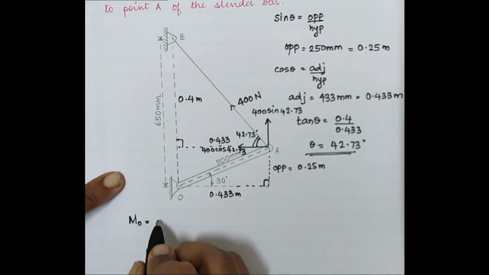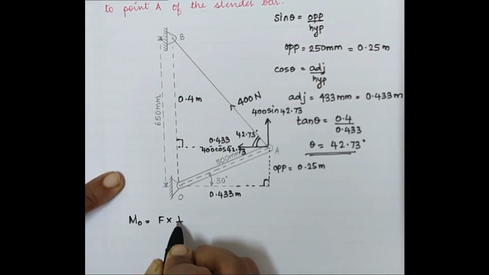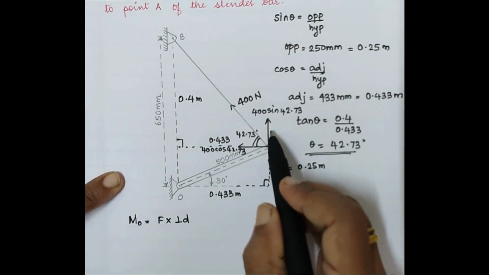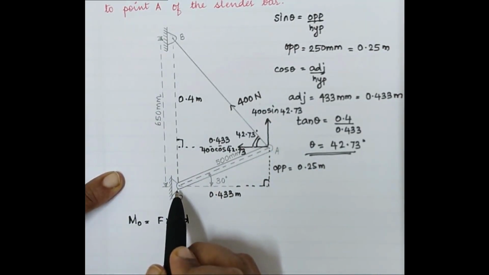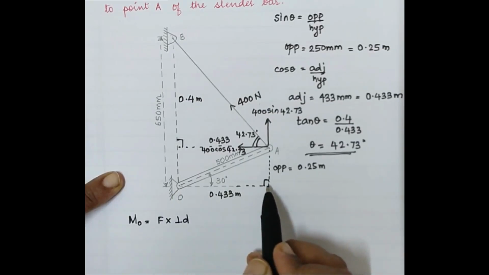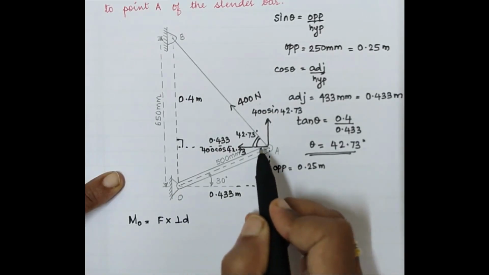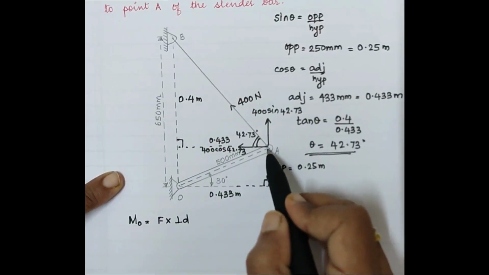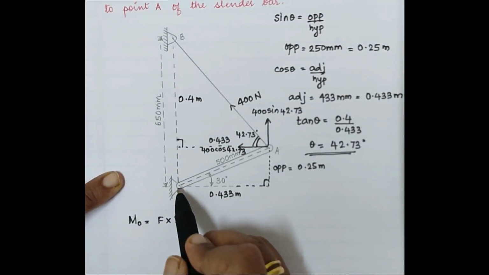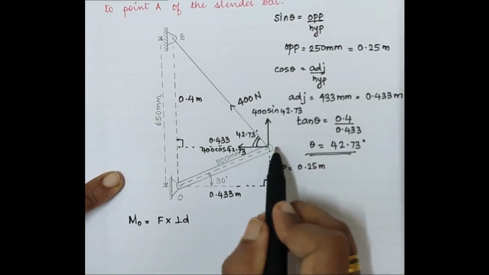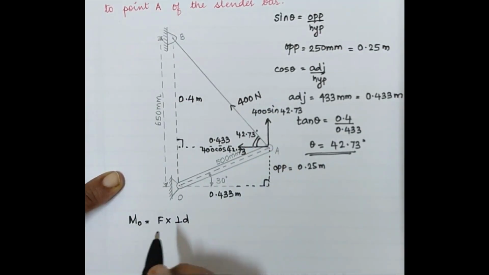Moment is force into the perpendicular distance. That means if your force is vertical, we have to find a distance which is horizontal between the point of rotation and the line of action of the force. Similarly, if your force is horizontal, we need a perpendicular distance, so we need a vertical distance between the point of rotation and the line of action of the force.